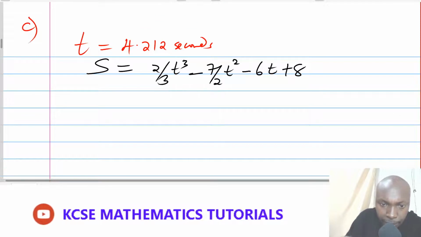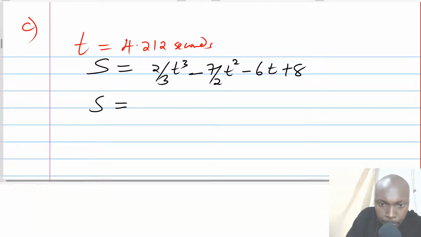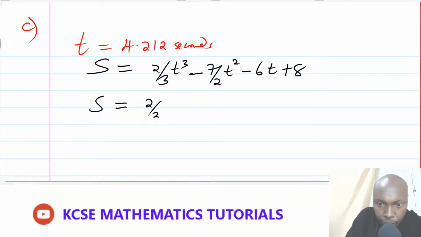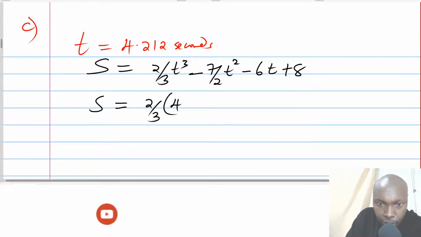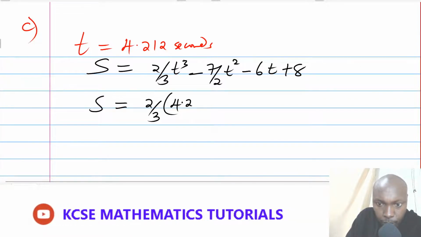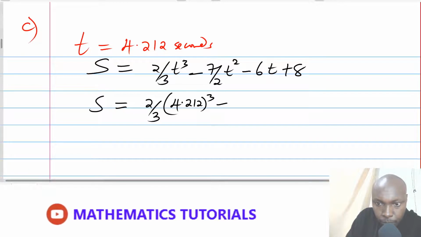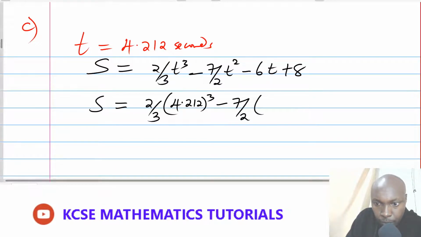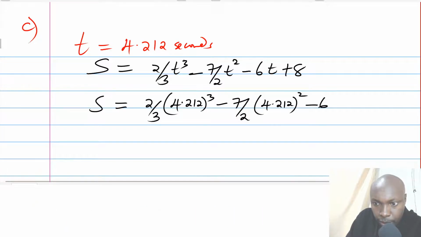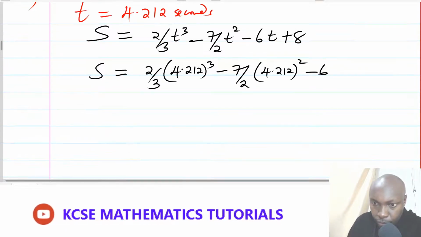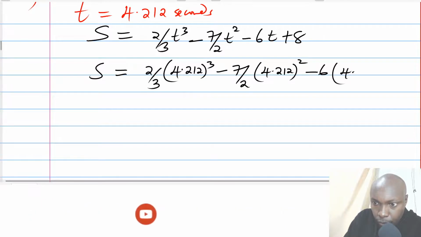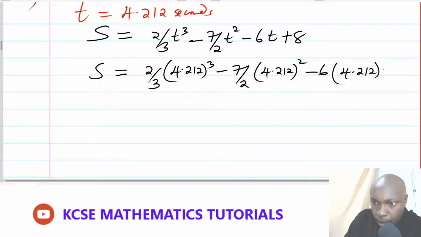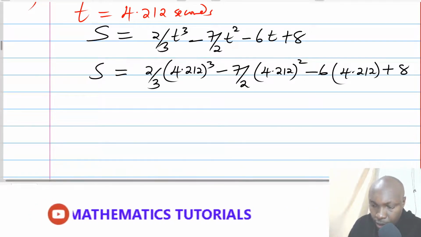To get the displacement when the particle is at rest, we substitute t equals 4.212.